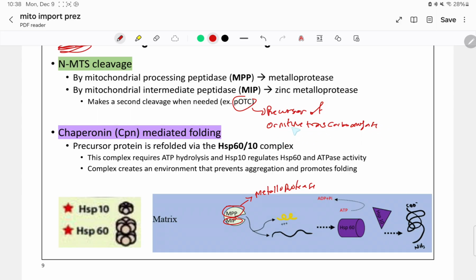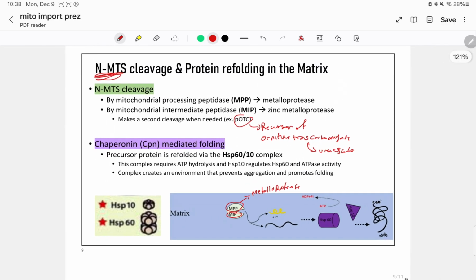And this is an enzyme that's actually used in the urea cycle, okay? If you guys remember, your urea cycle actually takes carbamylate and combines it with ornithine to give you citrulline, okay? And the enzyme there is ornithine transcarbamylase, okay?